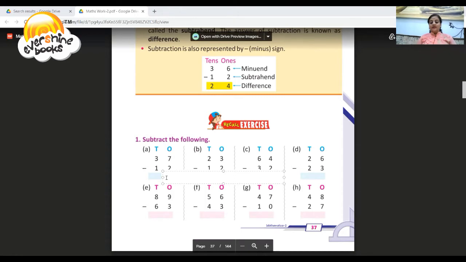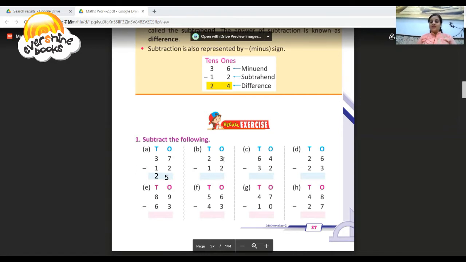So here we will get 5. 7 minus 2 is 5 and 3 minus 1 is just less the number, and you can tell the number before 3, that is 2. Okay, so the answer will be 25. 37 minus 12 is 25.